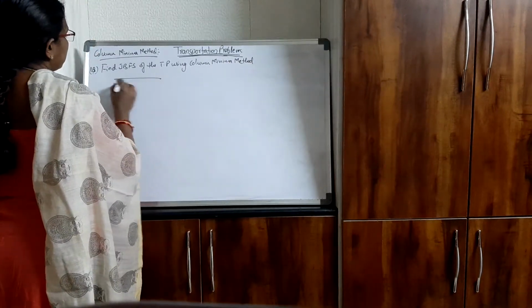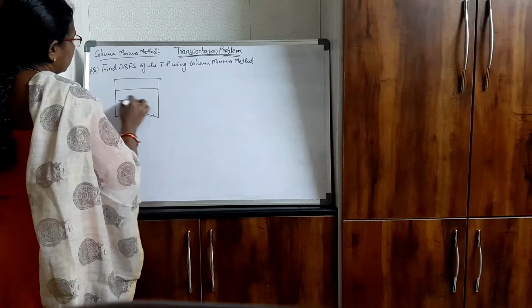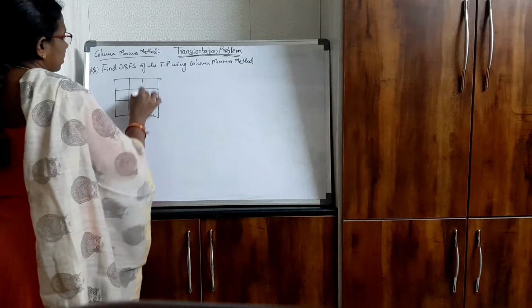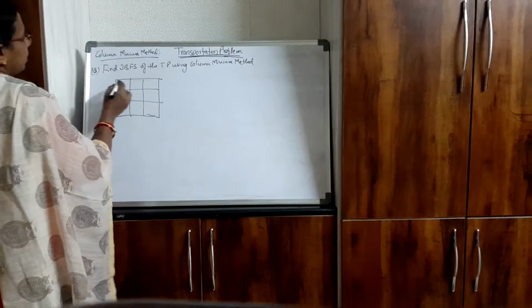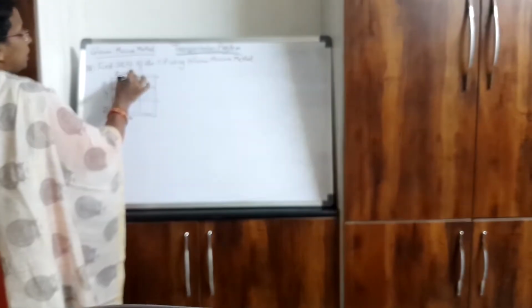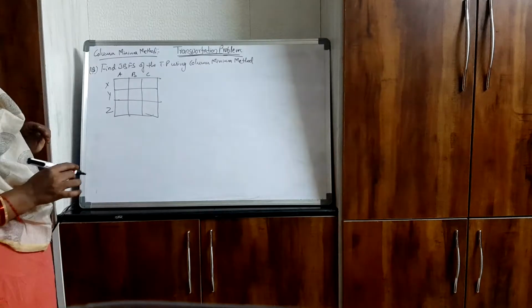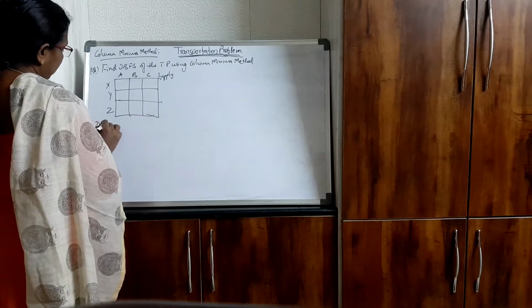Okay, so what is the transportation problem given to you? It's a 3 cross 3 transportation table. You have X, Y, Z, you have A, B, C. Here you have supply and here you have demand.